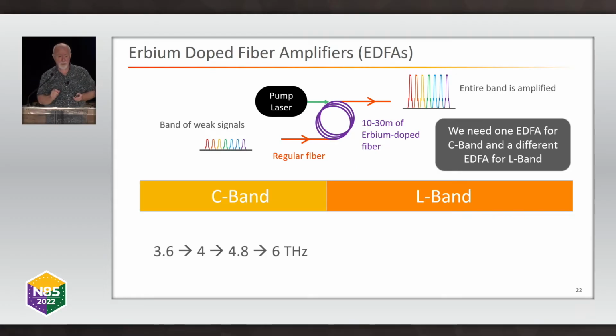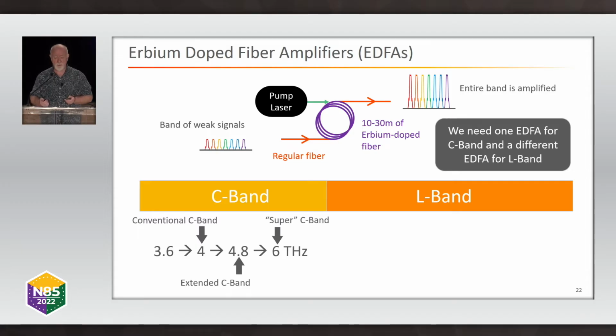The very first EDFAs back in the early 90s had a bandwidth of about 3.6 terahertz. We then had 4 terahertz. Then today we're using 4.8 terahertz. And there are plans to extend that even further to 6 terahertz. It's known as super C band. It's in a single EDFA, so you're able to amplify 6 terahertz of bandwidth all at once.